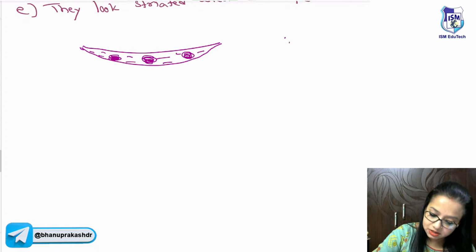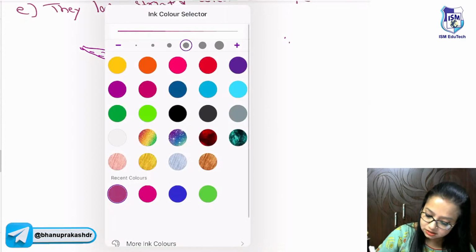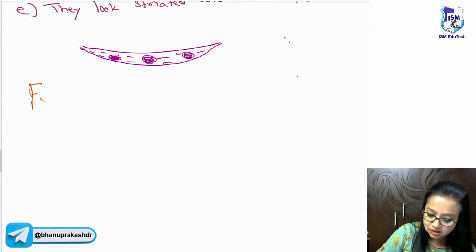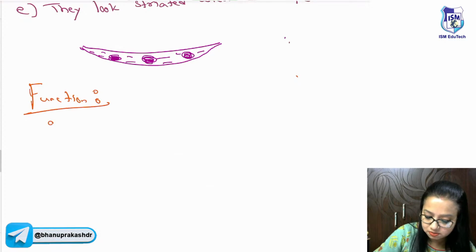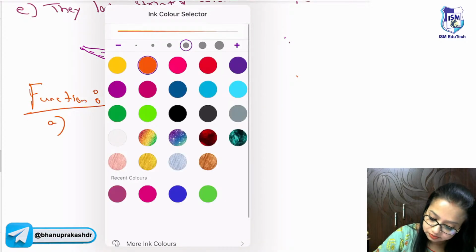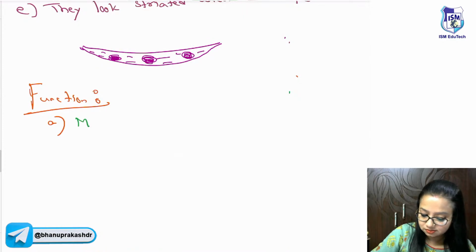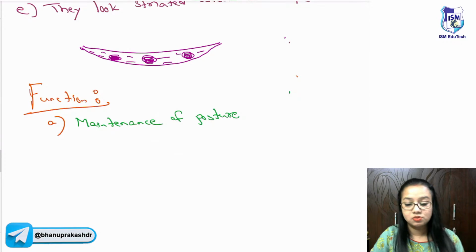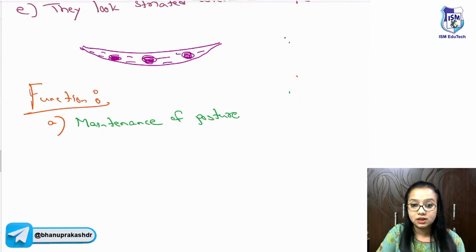Okay, coming to the function. What is the function of the skeletal muscle in our body? Function is mainly maintenance of posture. Like when we are sitting, when we are standing, when we are walking, we are indulged in so many activities, right? Physical activity from morning till night.